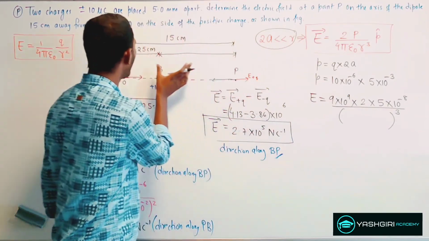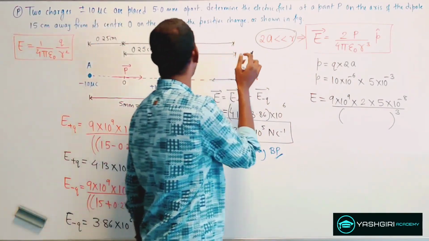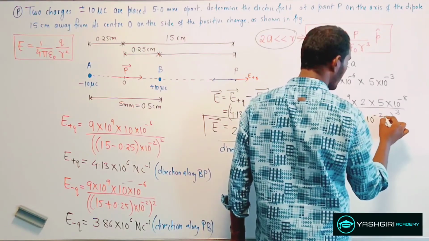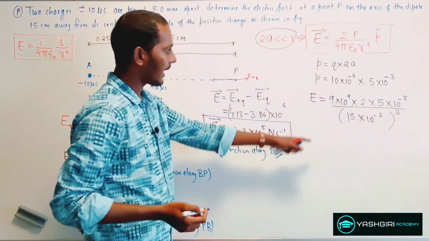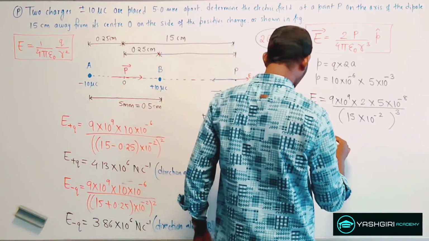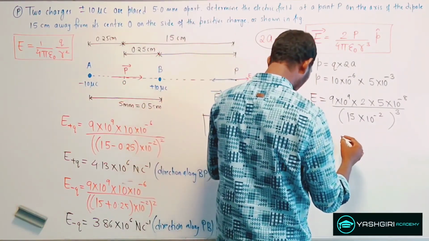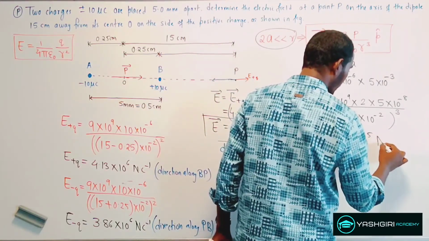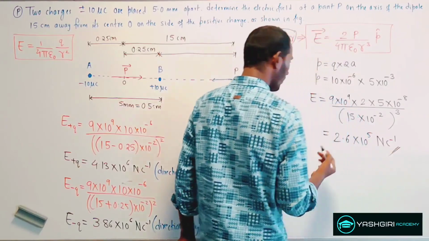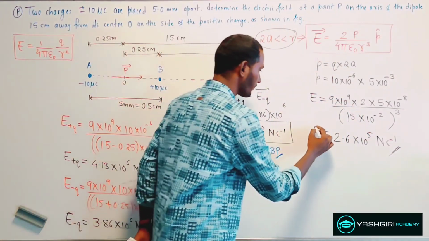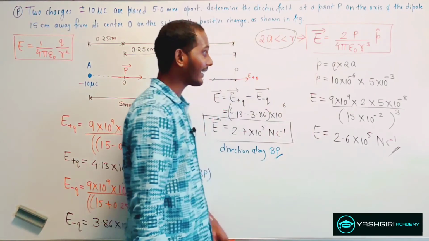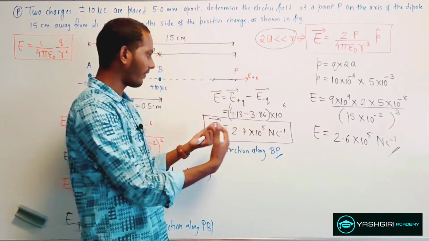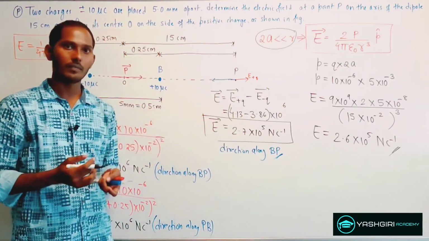R is the distance from the center to point P. So I can write this as 15 centimeters into 10 raised to minus 2, conversion into meters. And here again, this will give me an answer close to 2.6 into 10 to the power 5 Newton per Coulomb, which is almost close to the answer that you will be getting, because we are following this condition. So that's a two-way of getting the answer for this problem.